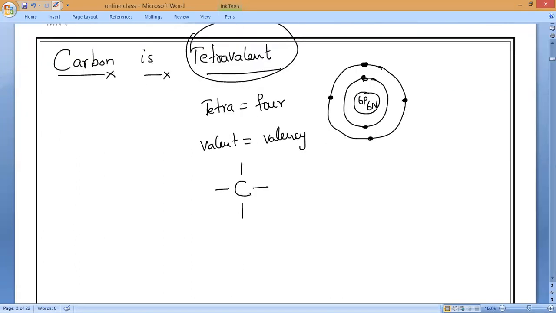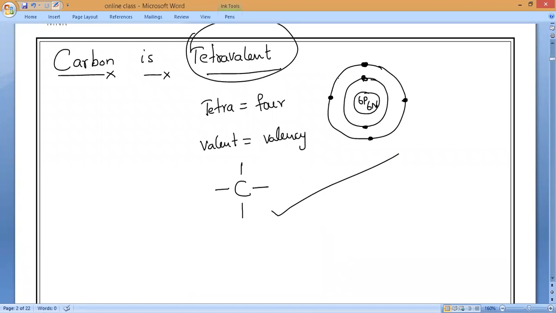Please all of you note it down. Carbon is tetravalent because it has 4 electrons in its valence shell and needs 4 more electrons to achieve the inert gas electronic configuration. So that is why carbon is always tetravalent. Is it okay, guys?